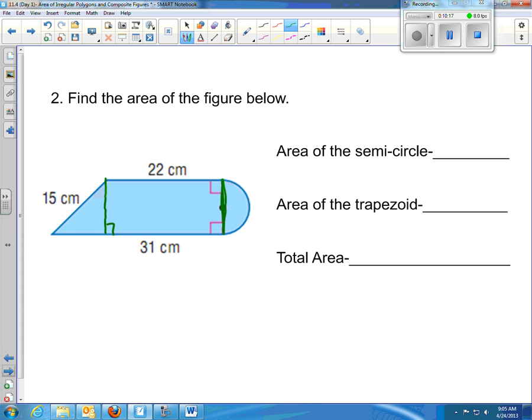And it's going to be using that triangle at the end there to come up with that height. Notice that between the two green lines, it's 22. And from green line here to here is 31. So use that in mind to help you find the height for this figure.